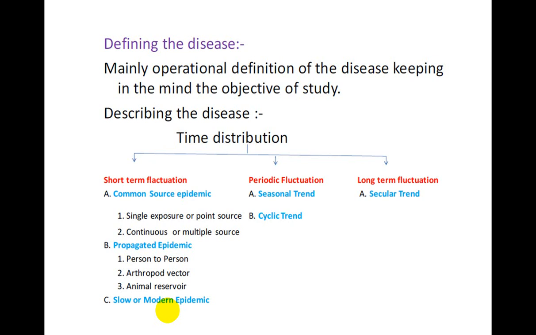Epidemiologists have identified three kinds of time trends of fluctuation in disease occurrence: short-term fluctuation, periodic fluctuation, and long-term fluctuation. Short-term fluctuation. The best known short-term fluctuation in the occurrence of disease is an epidemic.